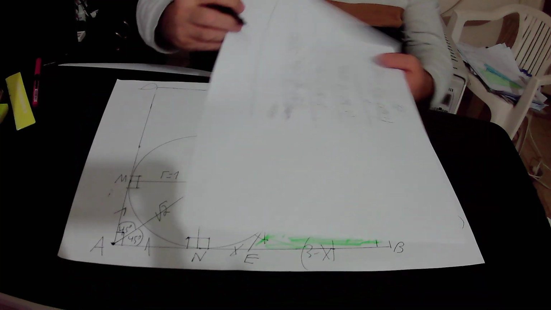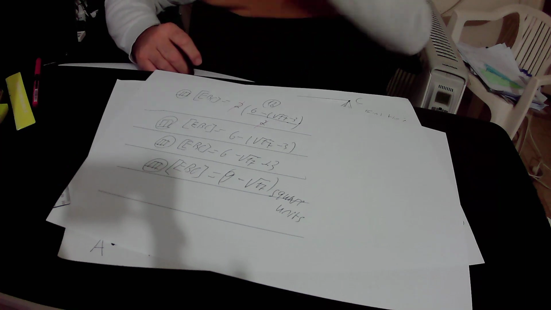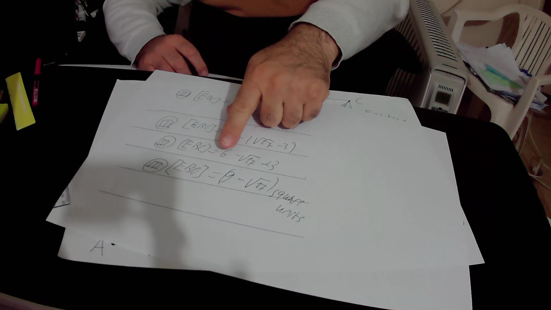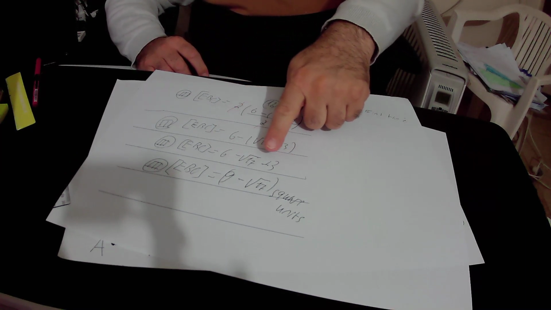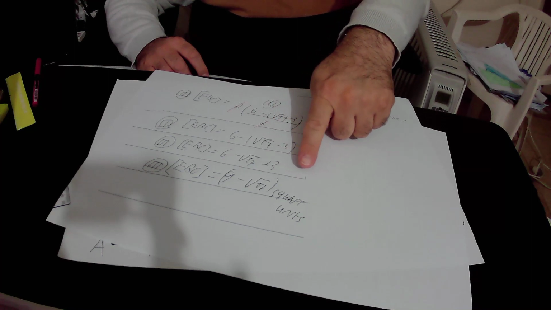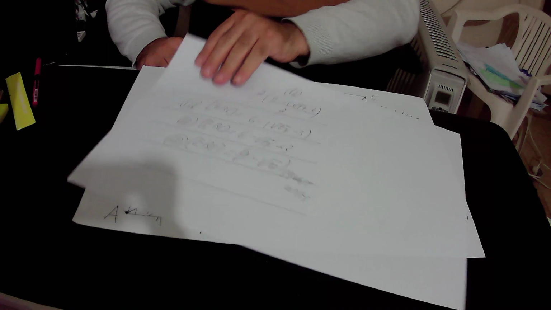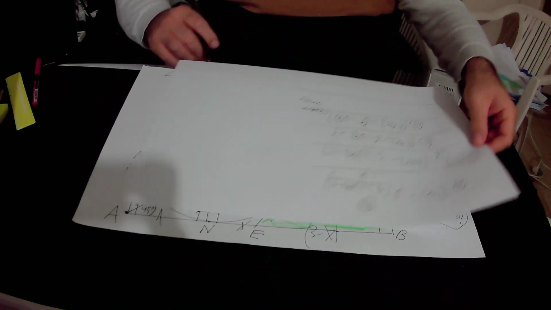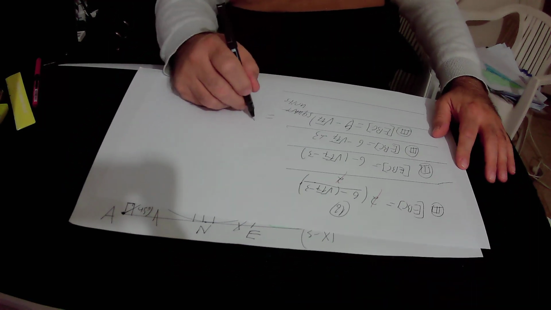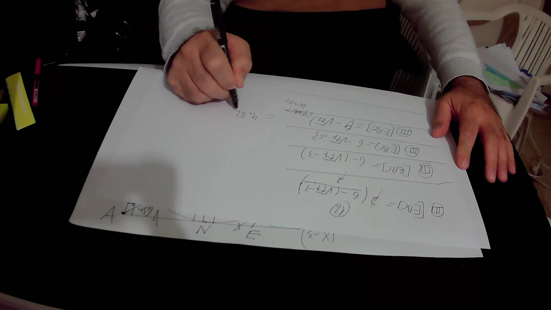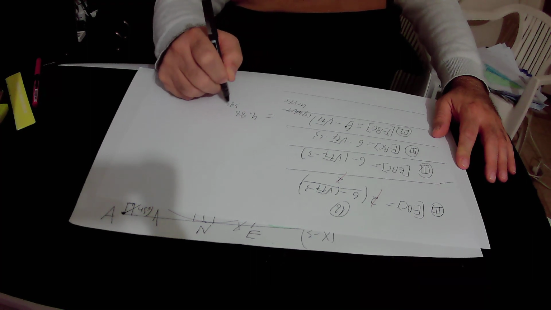Okay, so we found out that the area of the green right triangle, triangle EBC, equals 9 minus square root of 17 square units, or in terms of numbers, it equals 4.88 square units.